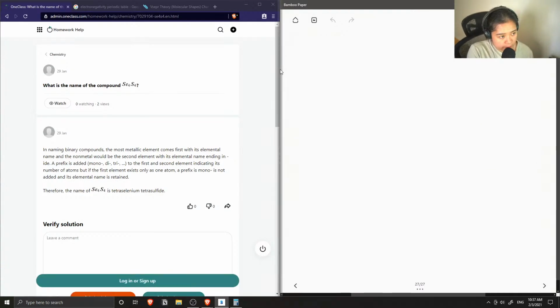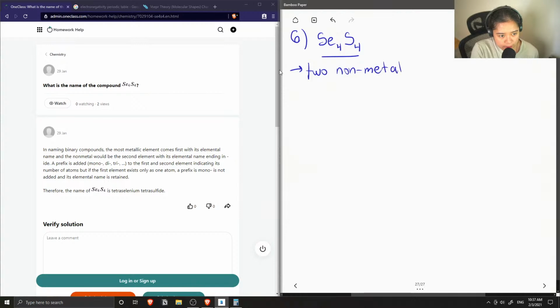Okay, so question number 6. What is the name of the compound Se4S4? Okay, so if we were to analyze the type of compound we have, you'll notice that we have 2 nonmetals, selenium and sulfur.